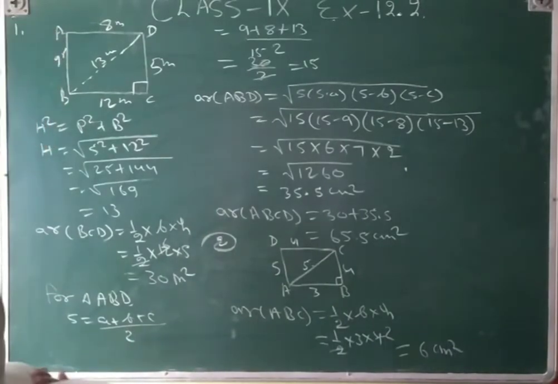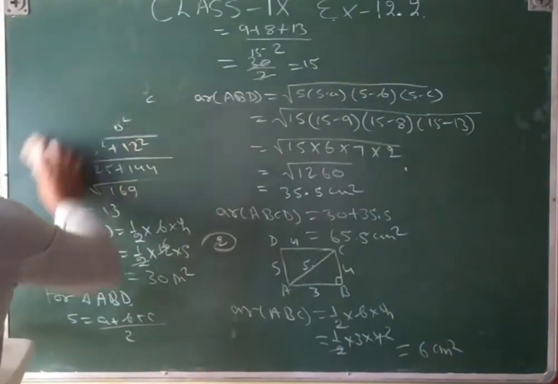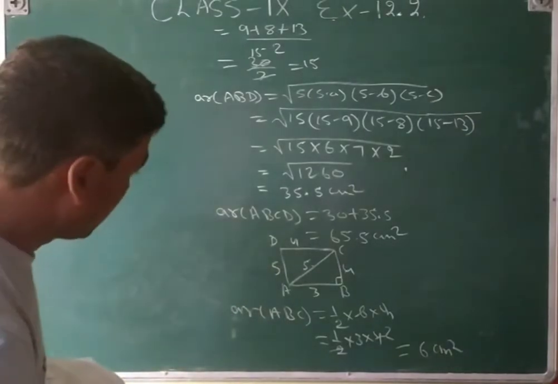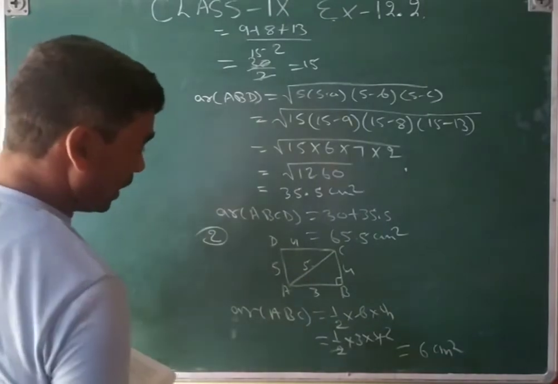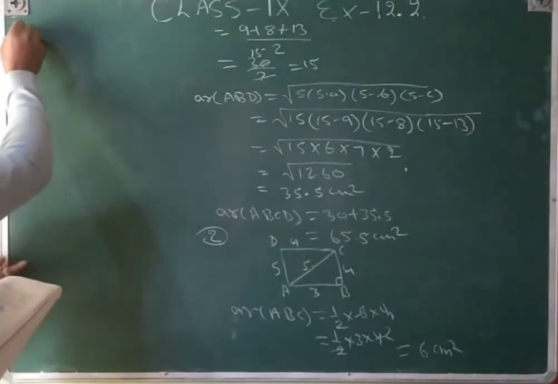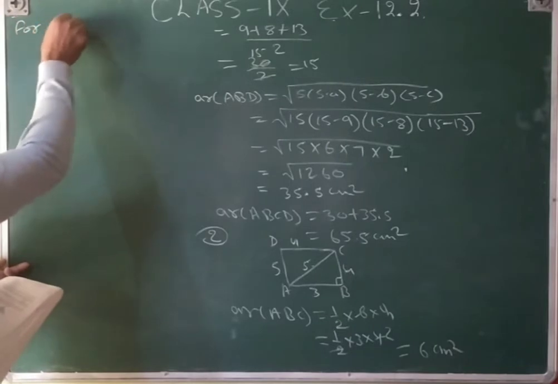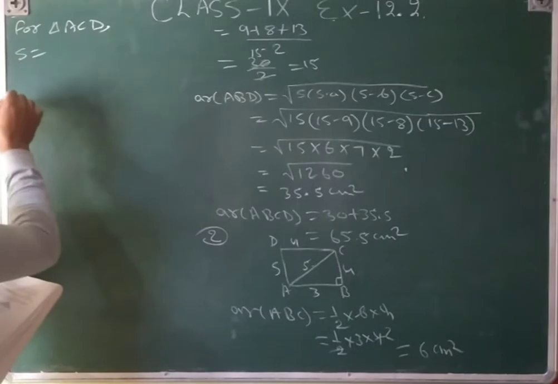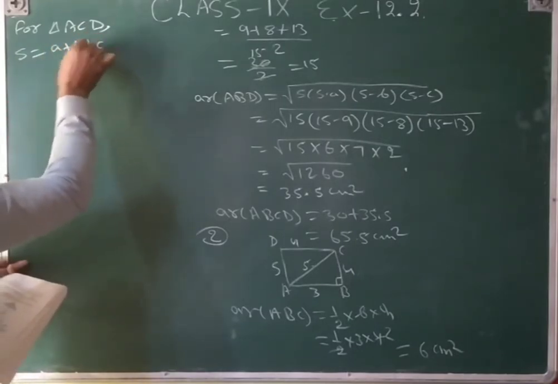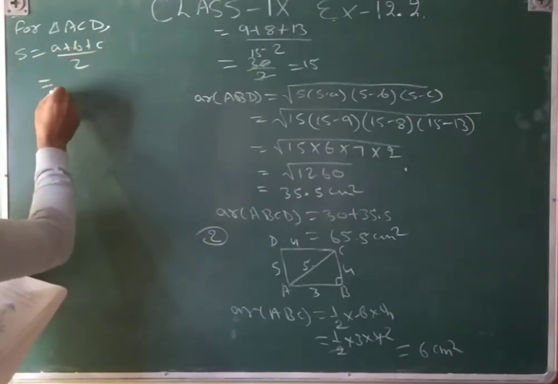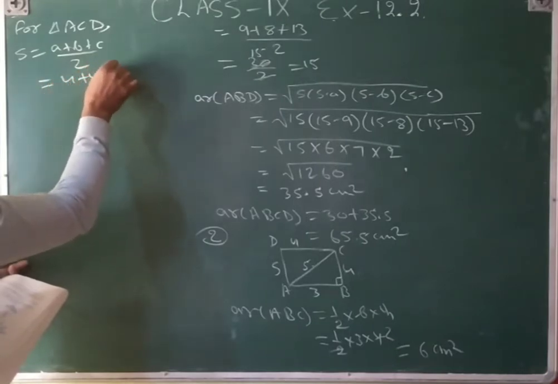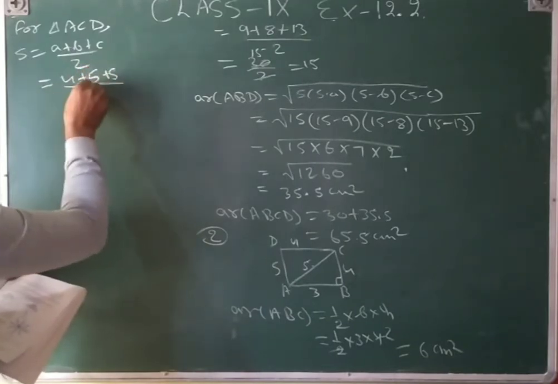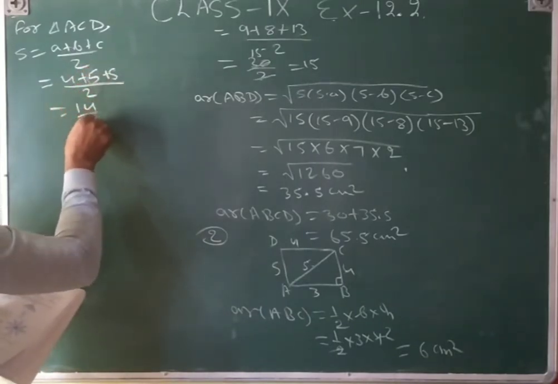Now we will see the area of triangle ACD. S is equal to A plus B plus C upon 2. So that is 4 plus 5 plus 5 upon 2, that is 14 upon 2, 7.